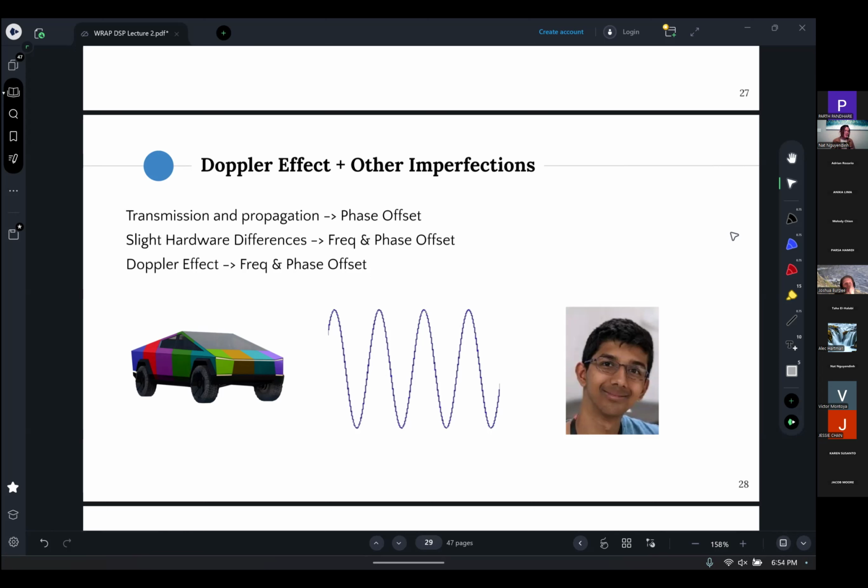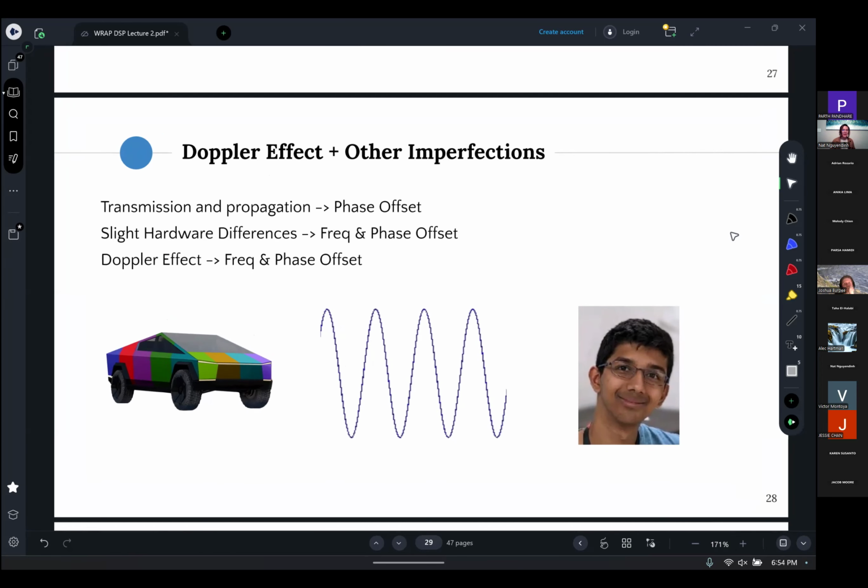Say the crystal on one microcontroller is running at 48 megahertz, that's our clock speed, but because of very slight hardware differences, it could be running at 48.01 megahertz. And then my other microcontroller could be running at 47.99. But that very slight offset can throw our communication off wildly after a certain amount of time.